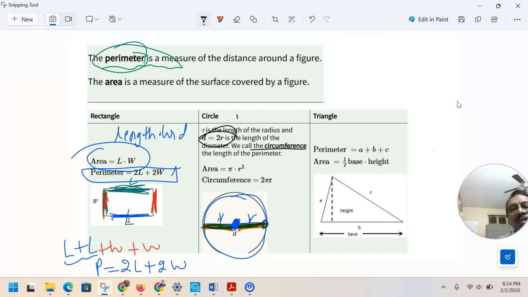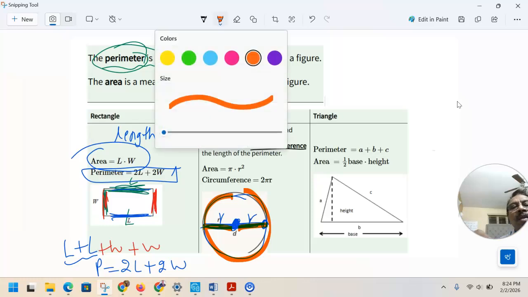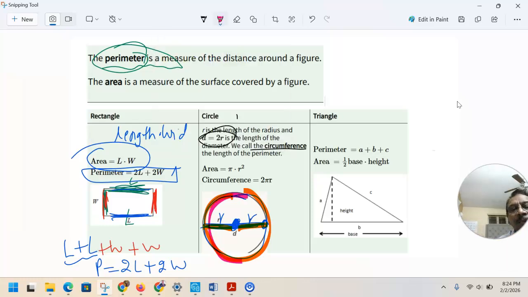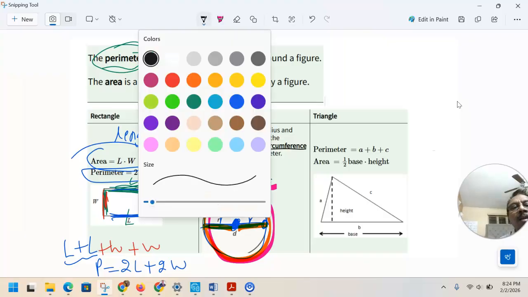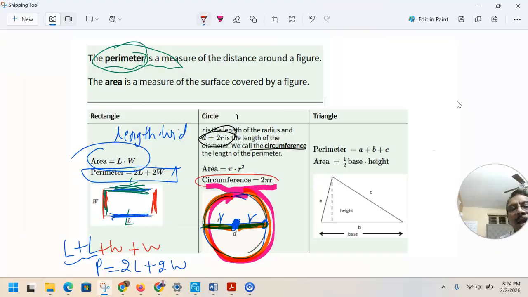And the circumference is basically how much is all around. Now this circumference is C, here C equals 2 pi r. So it is 2 pi r, or you can also write this as pi times 2r, but 2r, twice the radius, is the diameter.